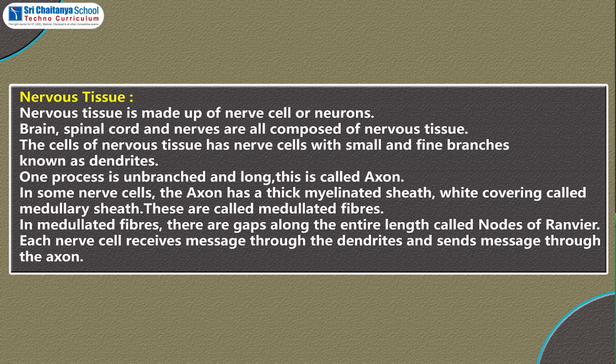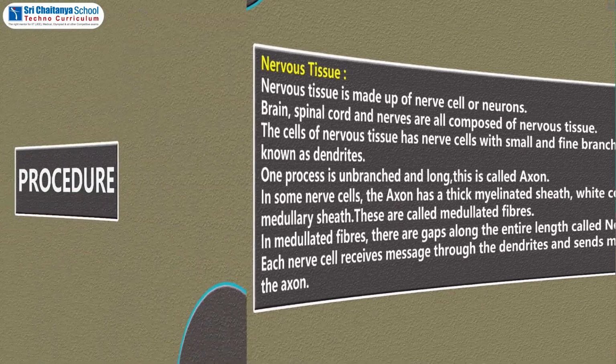In some nerve cells, the axon has a thick white covering called myelin sheath. These are called myelinated fibers. In myelinated fibers, there are gaps along the entire length called nodes of Ranvier. Each nerve cell receives messages through the dendrites and sends this message through the axon.